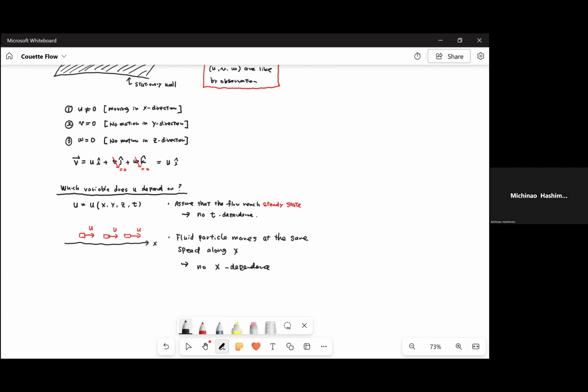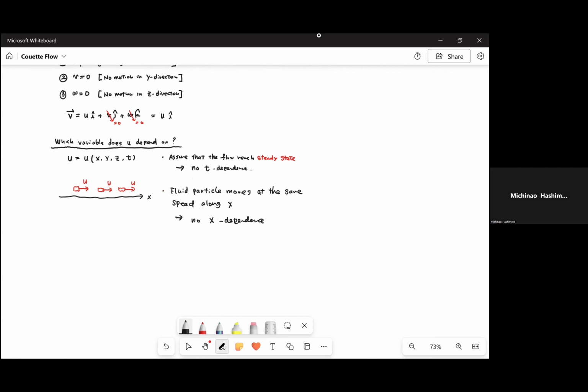Lastly, what about the other directions? Let's go with z, the direction of z.